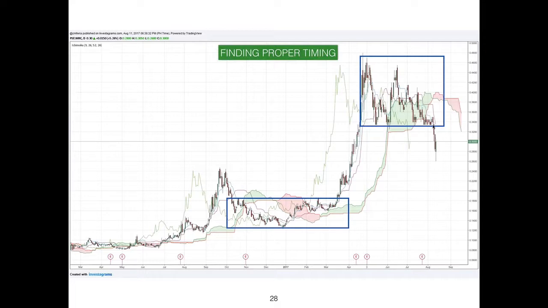But since price had already broken below the Kumo, the chances of the triangle happening is lower. So this was the breakout area that satisfied the conditions, and this was the breakdown area that satisfied all the conditions.